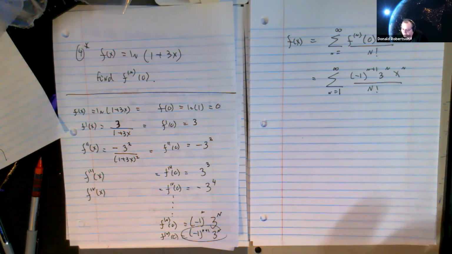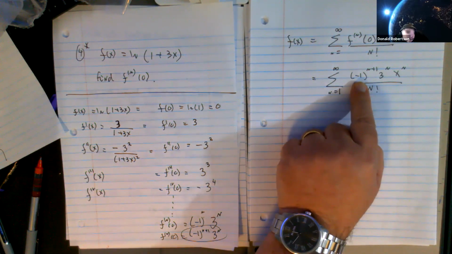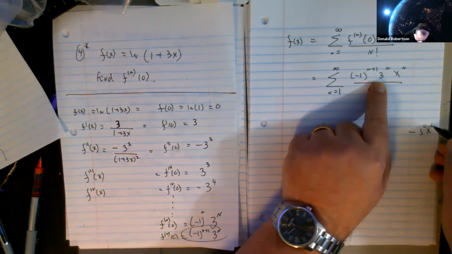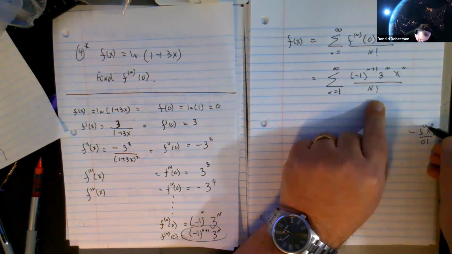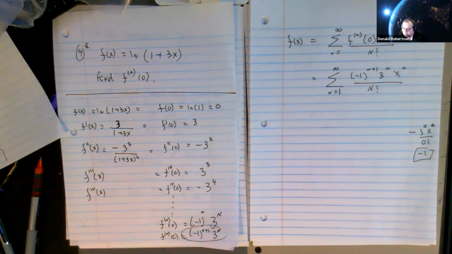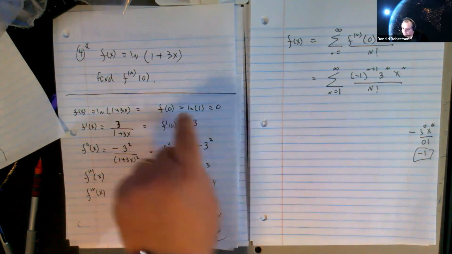If the first term is 0, you don't want to use it. Well, you might say, what's wrong with me putting in 0 here? Well, let's try it. If I put in 0 here, won't I get negative 1 to the 1, which is negative, 3 to the 0, x to the 0 over 0 factorial? But doesn't that get me the number negative 1? Do you see it doesn't work? It works for everybody else, but it doesn't work for the first term.